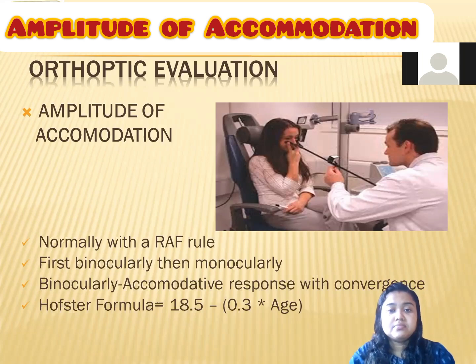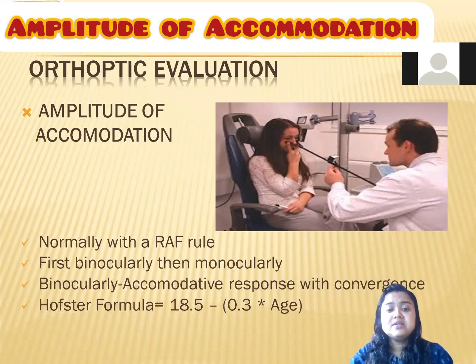Basically, the RAF ruler has 4 sides. One side is written in diopters, so you can measure the accommodation in diopters. Basically we measure the amplitude of accommodation in diopters, okay?